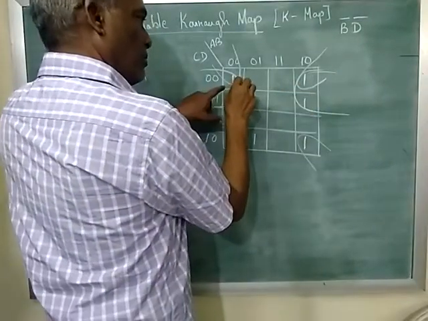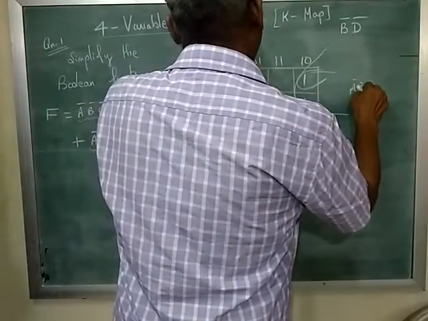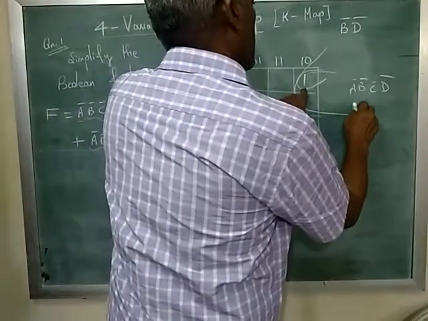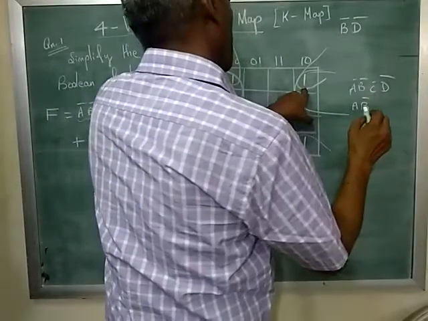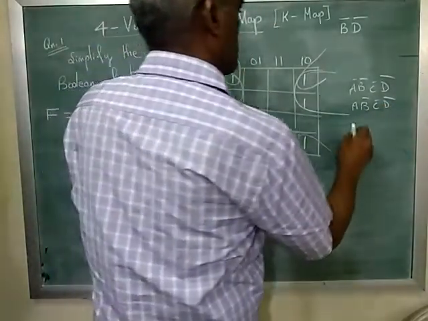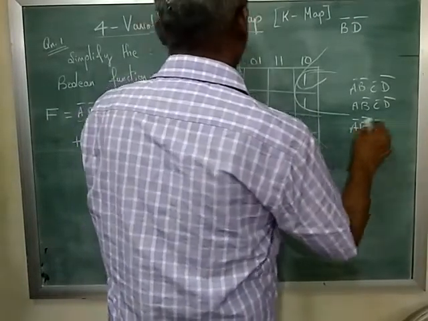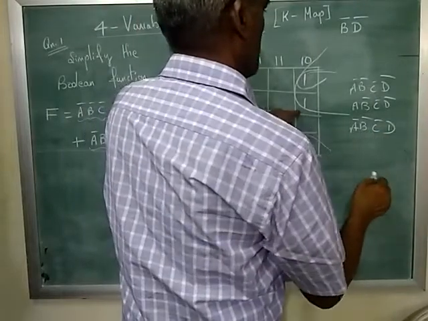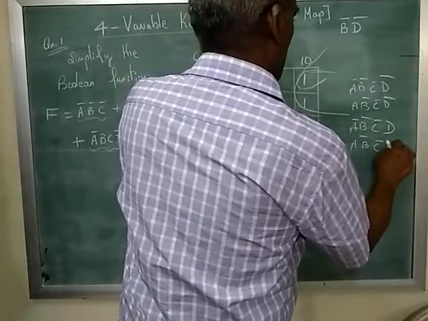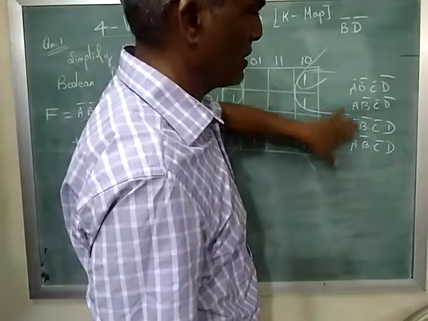So the variables for this box are A bar, B bar, C bar, D bar. For this, A, B bar, then we have C bar, D bar. For this box, A bar, B bar, C bar, D. For this box, A, B bar, C bar, D. Now if you carefully see, A bar, A, so it is differing.